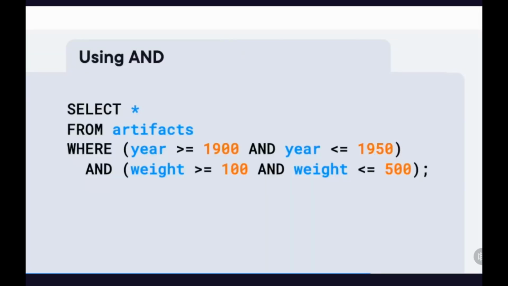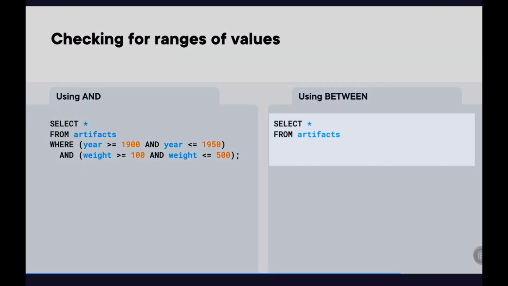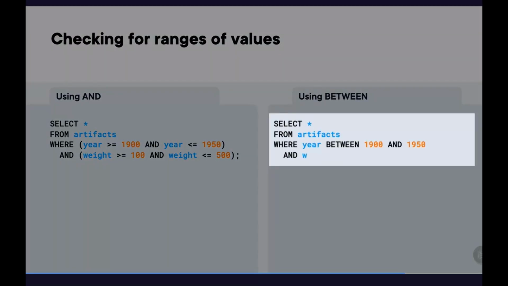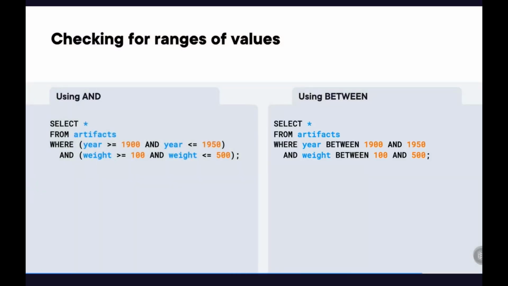SELECT star FROM artifacts WHERE open parentheses year greater than or equal to 1900 AND year less than or equal to 1950 close parentheses AND open parentheses weight greater than or equal to 100 AND weight less than or equal to 500 close parentheses. But it's much easier to just say SELECT star FROM artifacts WHERE year BETWEEN 1900 AND 1950 AND weight BETWEEN 100 AND 500. Simpler, more straightforward, more concise, easier to read, easier to say.